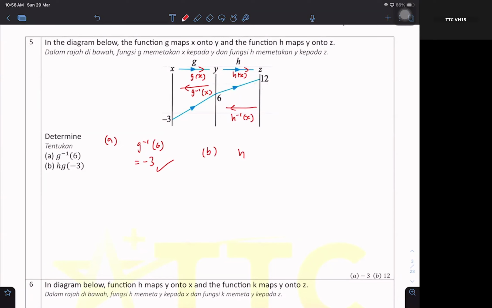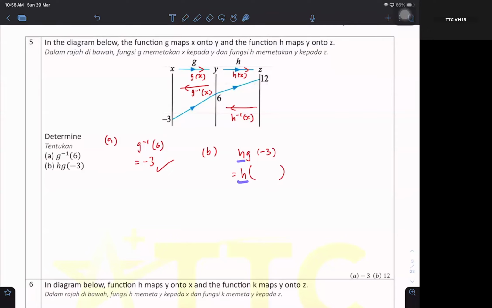Okay, like B. hg(-3). Now, this one, you do like this. You leave the left-hand side, you start from the right-hand side first. Always like that.